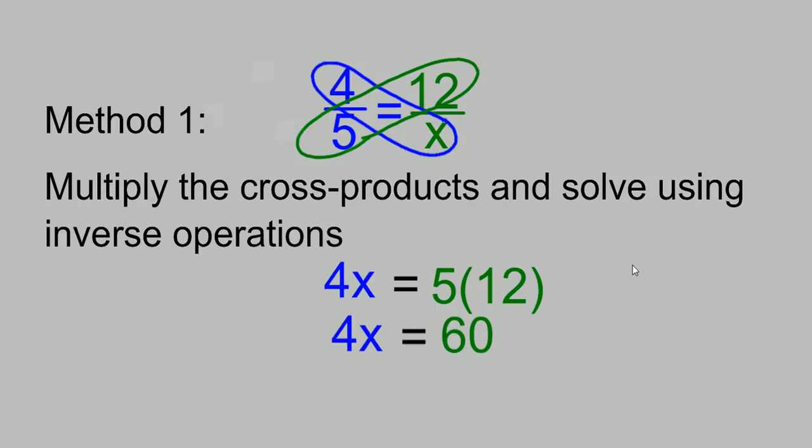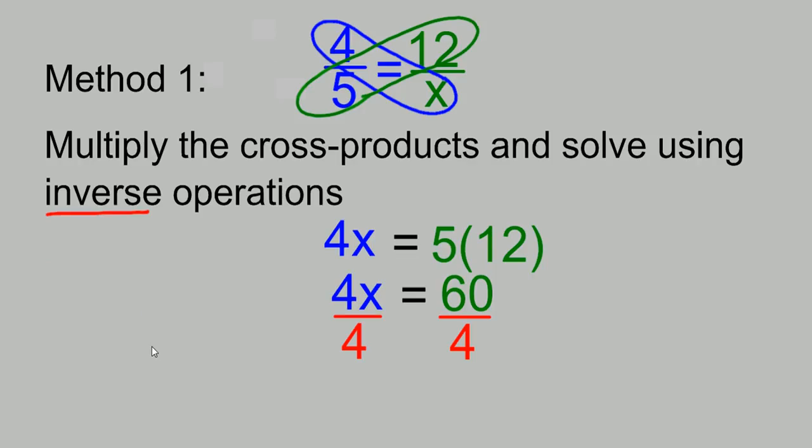Now, what do I do to solve this problem? You've probably done this before, but using inverse operations. If I'm multiplying 4 times x, how can I reverse that? Well, the inverse is to divide both sides by 4. The division property of equality says that if I divide one side by 4, then I can divide the other side by 4, and both sides of the equation will remain equal.